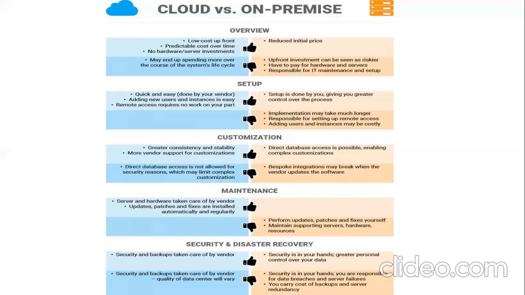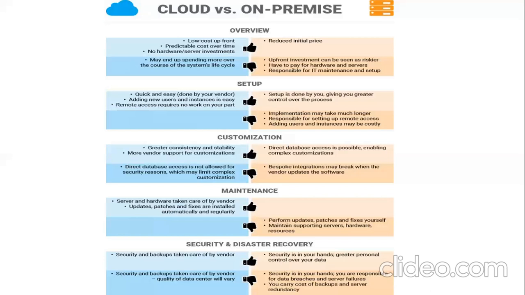In the case of on-prem, direct database access is possible, so you can access anything. But if something breaks or is not responding, moving it to failover and all that stuff will be a hassle sometimes. But not now.